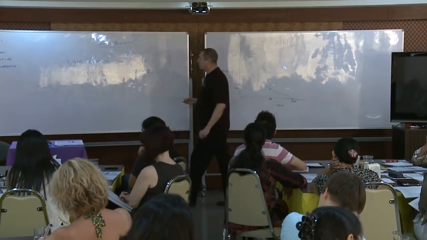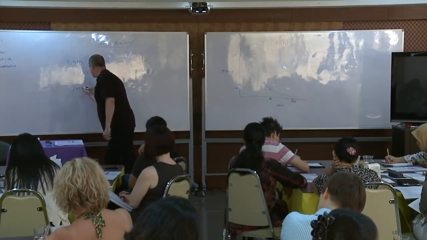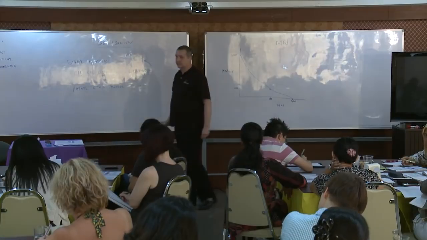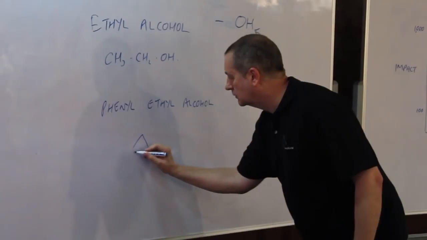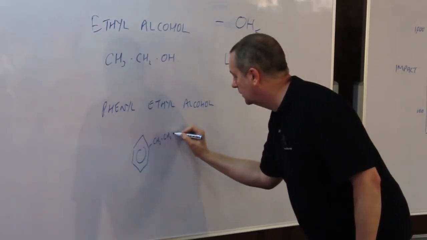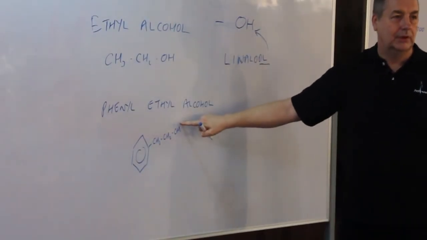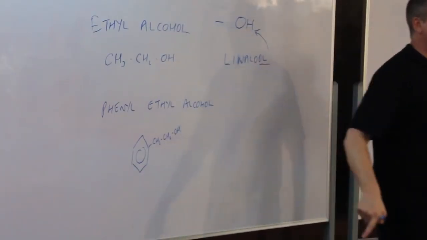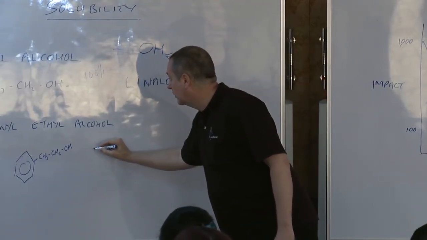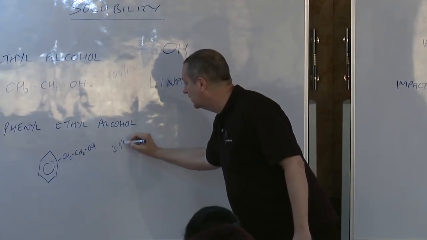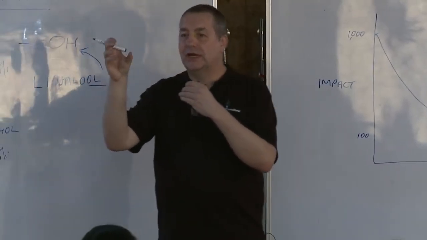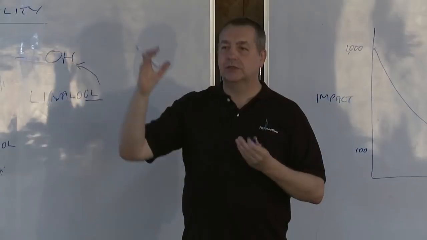When we get phenyl ethyl alcohol, so that's the ethyl alcohol, but because we've got a bigger molecule, it's less soluble. Phenyl ethyl alcohol is only about 2.5% soluble in water. So as the body gets bigger, the comparison between the OH group and the rest of the molecule changes, so the solubility goes down.